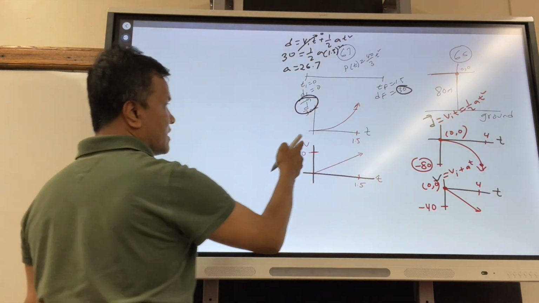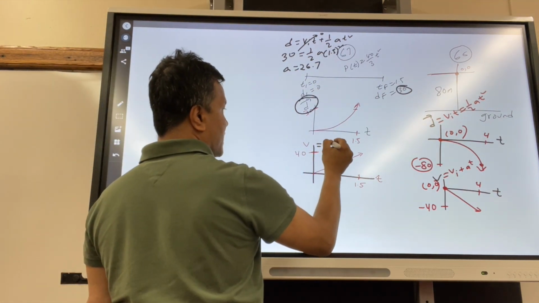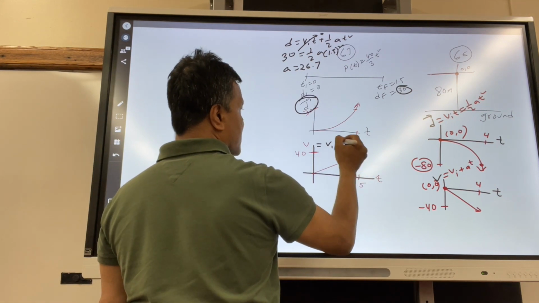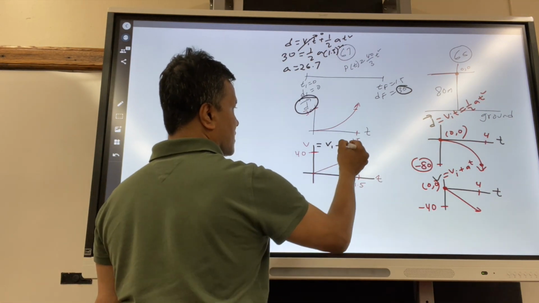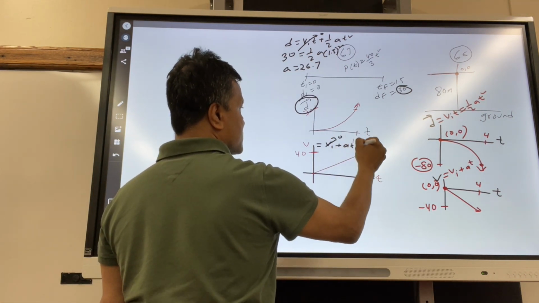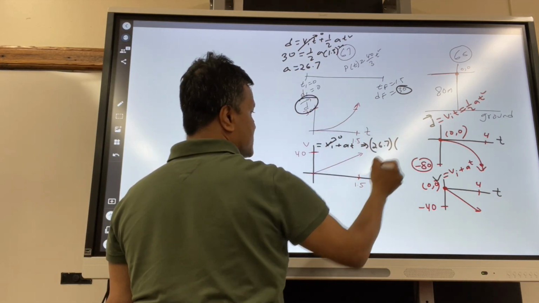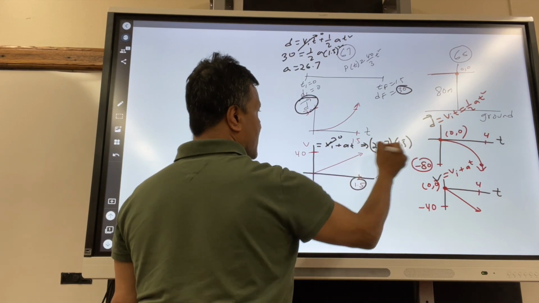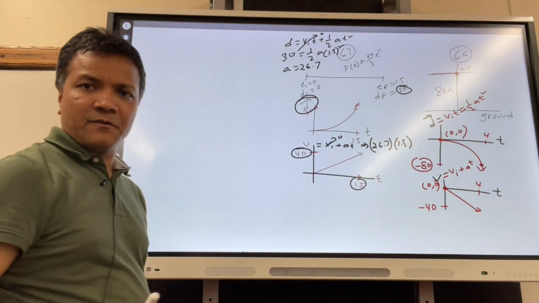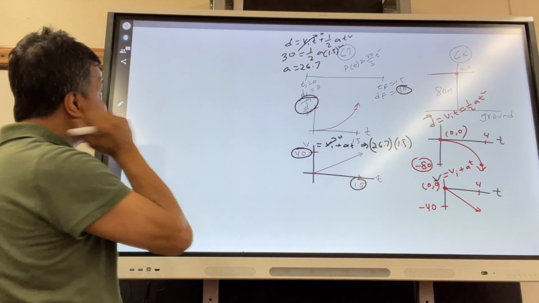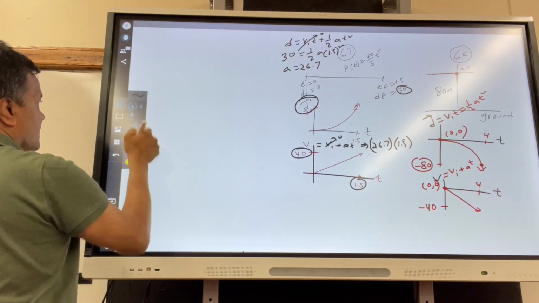All right, and v is v_i plus a t. So v_i is 0, a is of course 26.7 and t is of course 1.5, and that gives us 40. Okay, very simple.